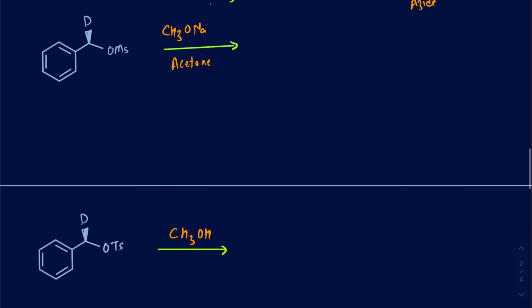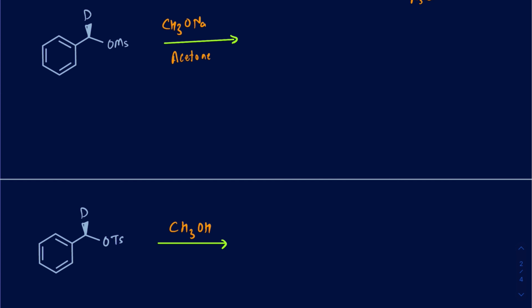Let's look at this next one here. We have a benzylic position, and it's going to be an OMs that you see right here. It's a good leaving group, so you can just treat this like a halogen, because they are also good leaving groups, another form of it.